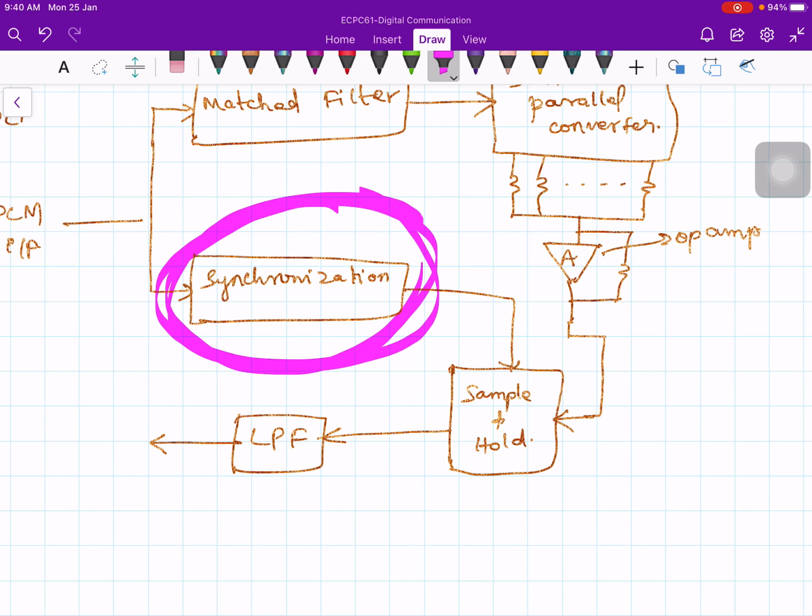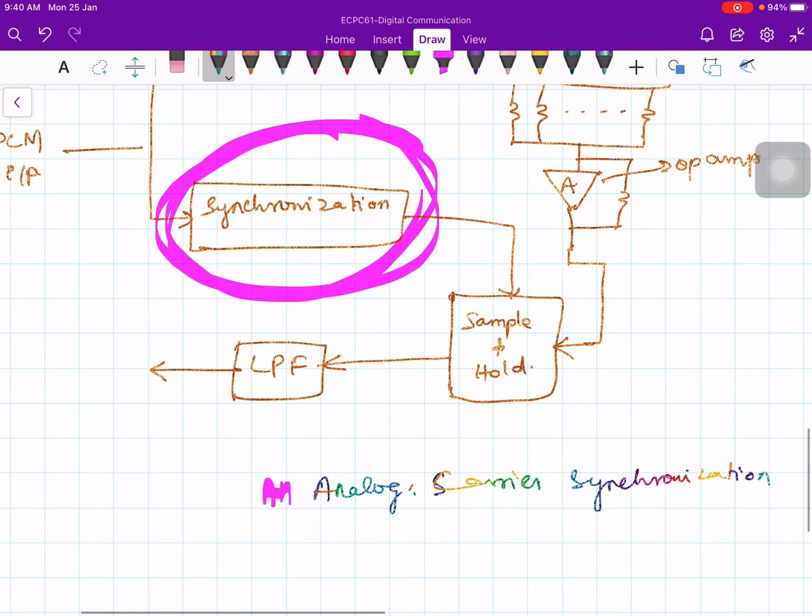The kind of synchronization we are referring to in analog communication is basically that of carrier synchronization. In analog also we have carrier synchronization, but in digital we have something different. We need carrier synchronization here also in digital communication.